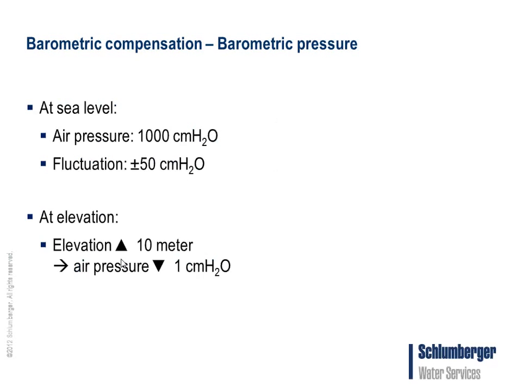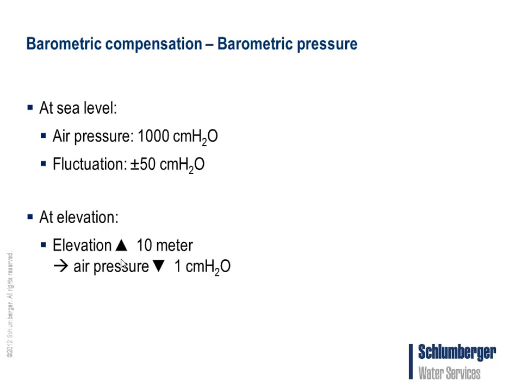So why would we do that? Because barometric pressure is not constant, and at sea level it equals about 1,000 centimeters of water, or 10 meters of water pressure, and it fluctuates about 50 centimeters of water over time.